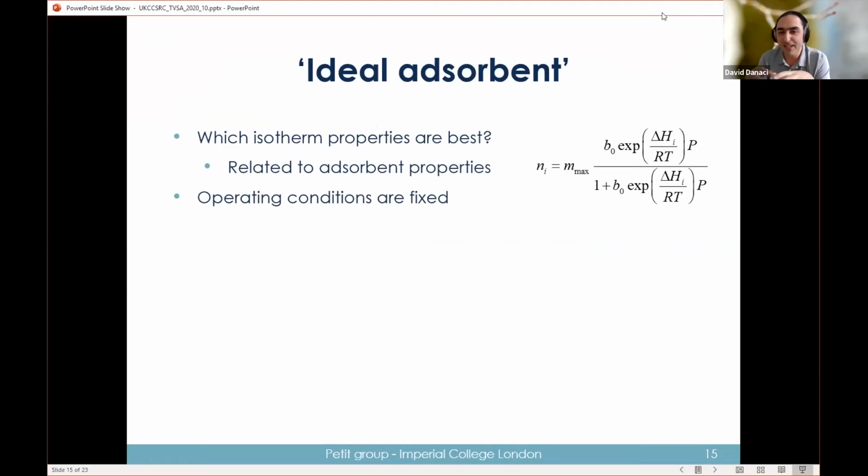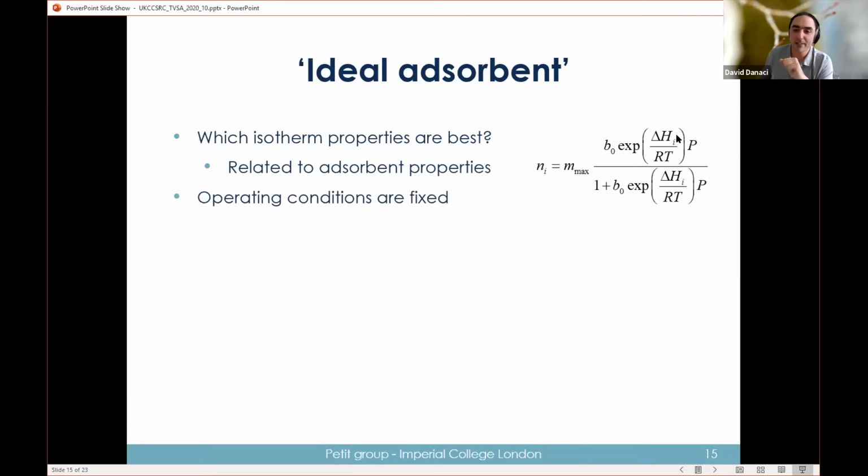So in the next few slides, I'm going to talk about the ideal adsorbent, or what isotherm properties are best to obtain the best performance for TSA. And the way we do this is we take the single site Langmuir isotherm, we fix the maximum capacity, because we assume that CO2 and nitrogen will have the same saturation loading at infinite pressure.